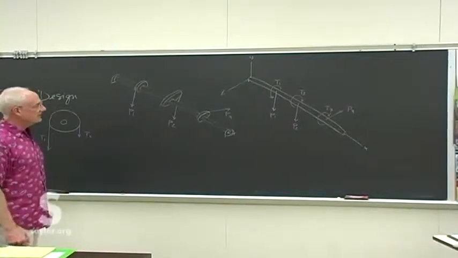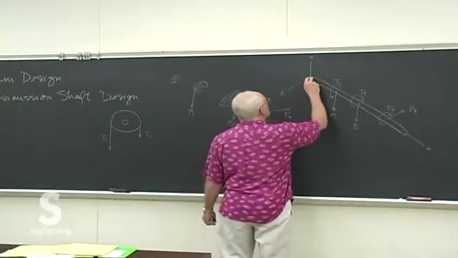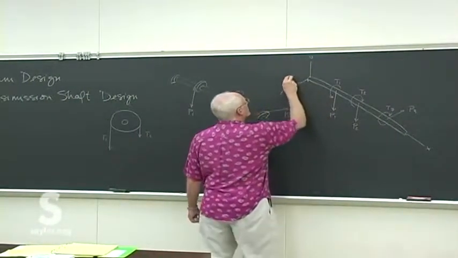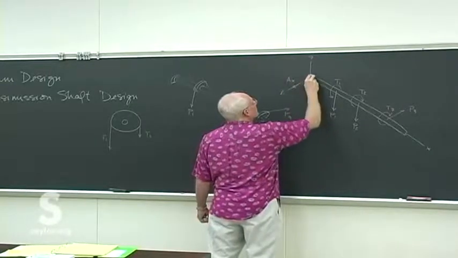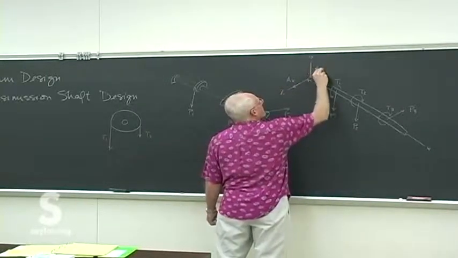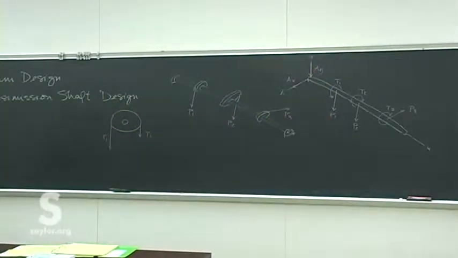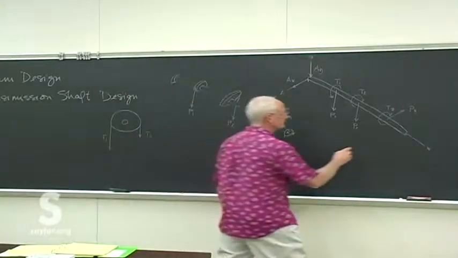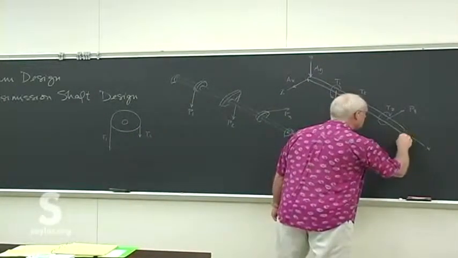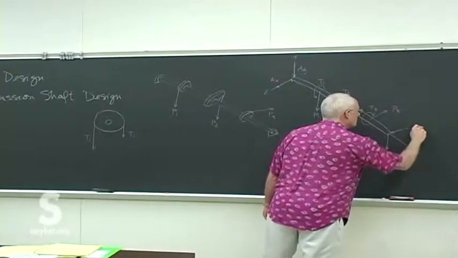But then each of those will also cause reaction forces of some kind, and those are generally found through the force balance and torque moment balance, just like we were doing all last fall. So they could be in whatever directions they might be caused in.